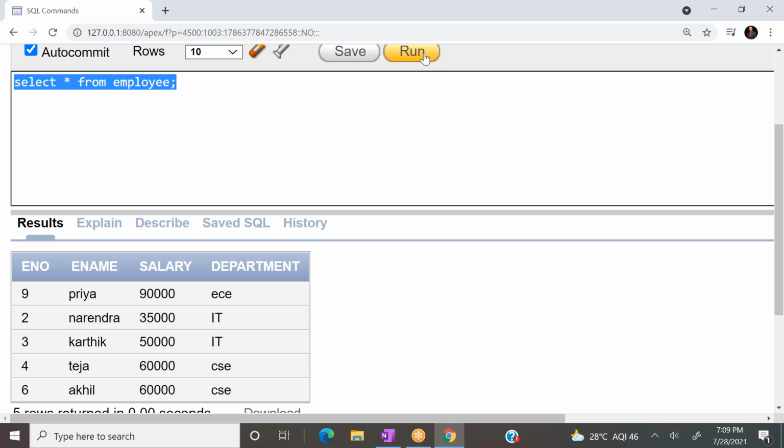So employee has 6 records, and these are the records. And we also created one table called managers. Select star from managers.